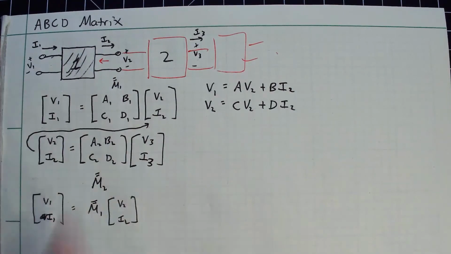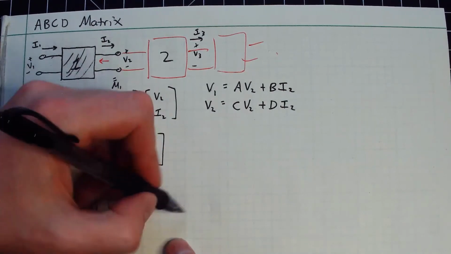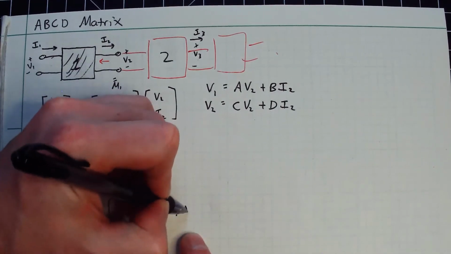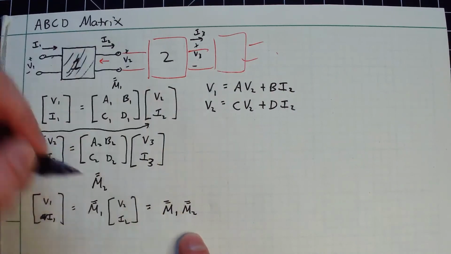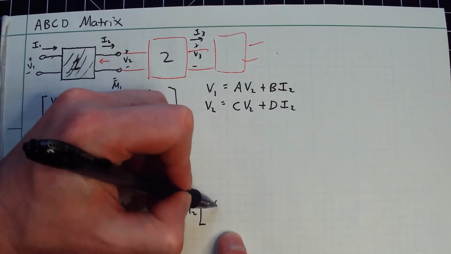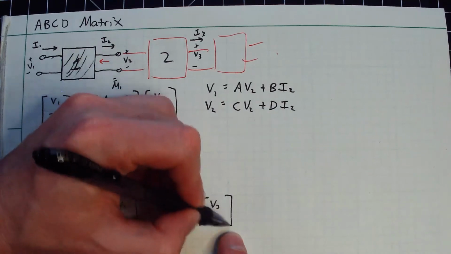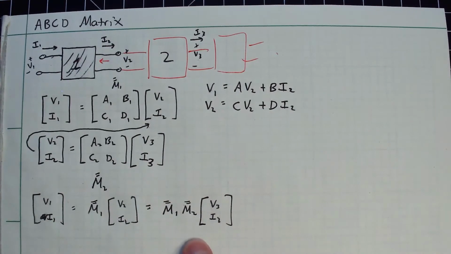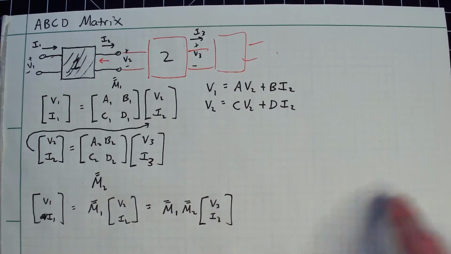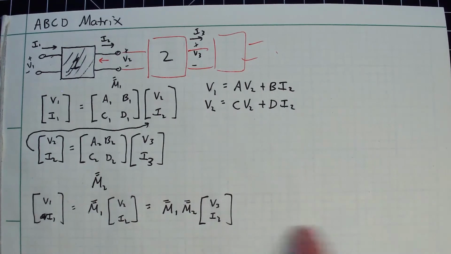So that's the ABCD matrix there. But this is this little block here, so that becomes M1, M2, like so, times the vector V3, I3, like so. And you can see I can repeat this all the way out to n different inputs and outputs, right?